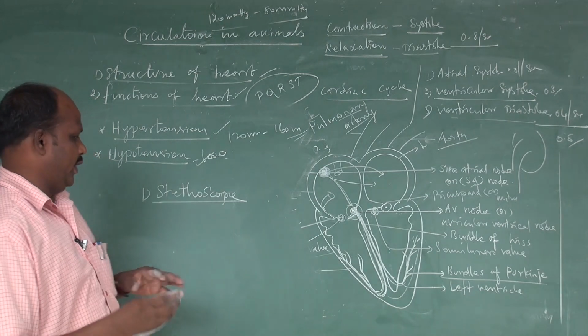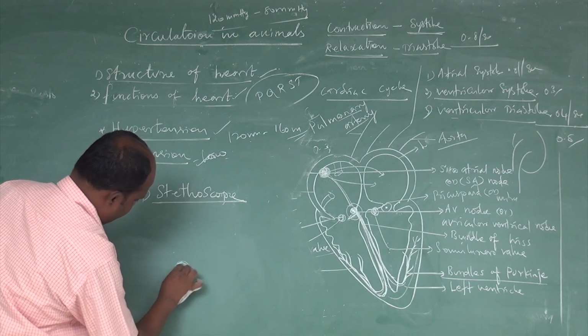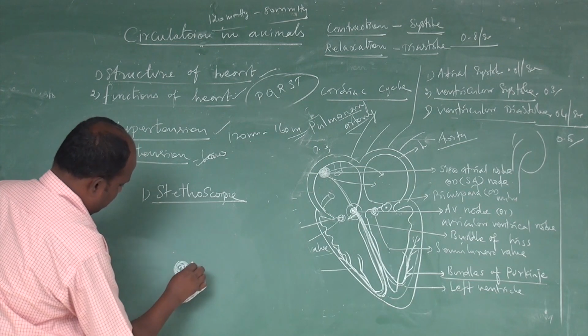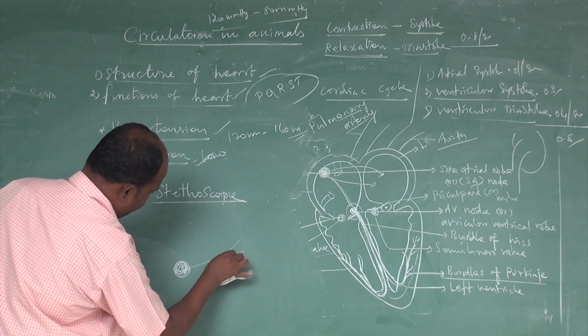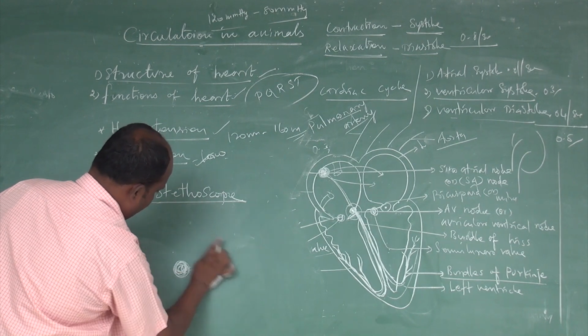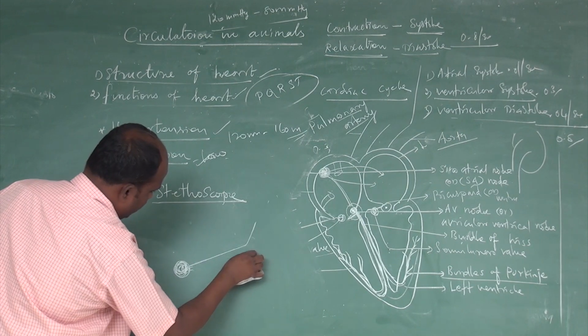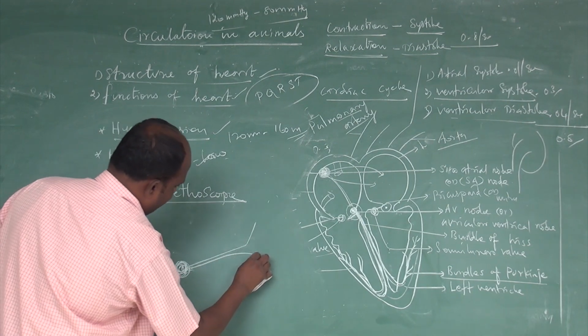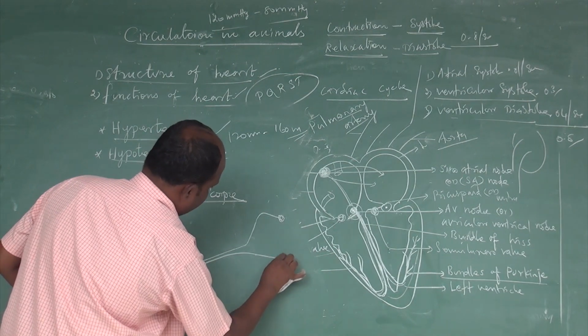The stethoscope includes, first, the chest piece, then the sound conducting tubes, and another part, the earpiece.